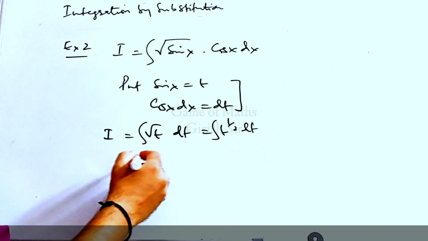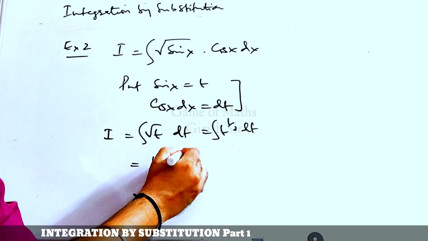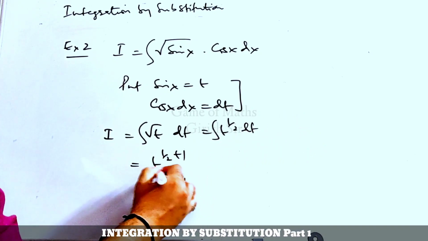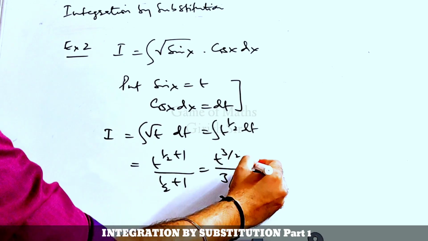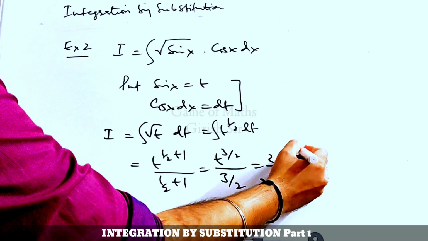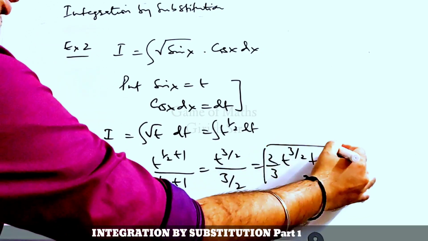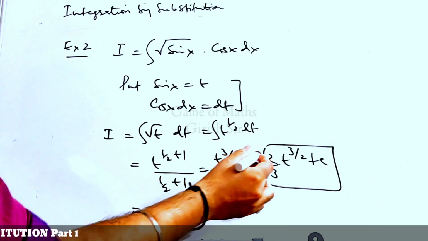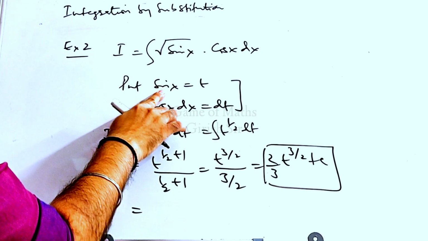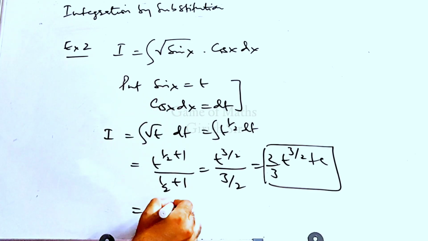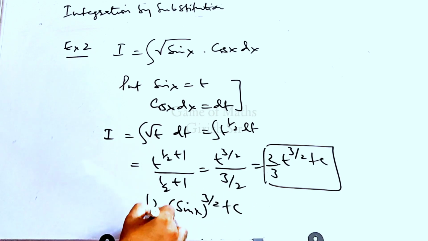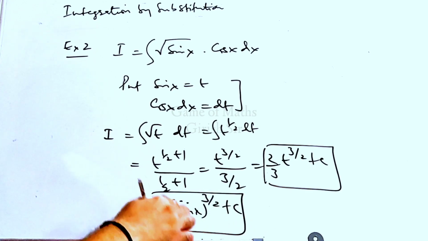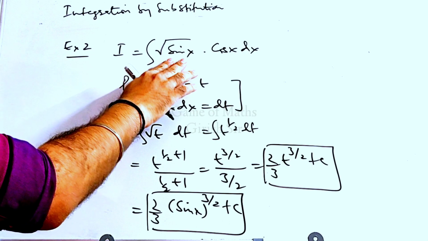Now using the standard result, this is what we get. Now we'll have to put back t in terms of x from this substitution. So this would be the answer to the original integral.